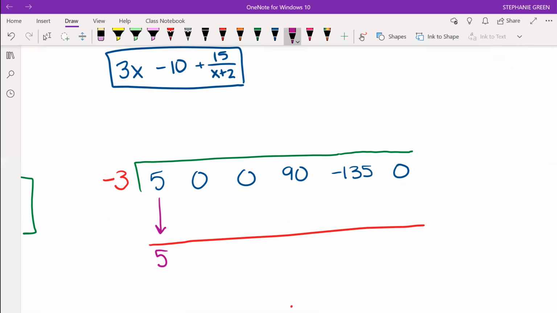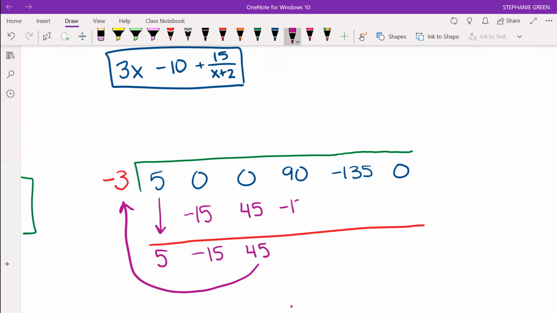We always multiply the bottom number by the number in the corner and write the answer in the next spot here. And then we add down. And then again, multiply that by the number in the corner and add down. And then again, multiply by the number in the corner and add down.